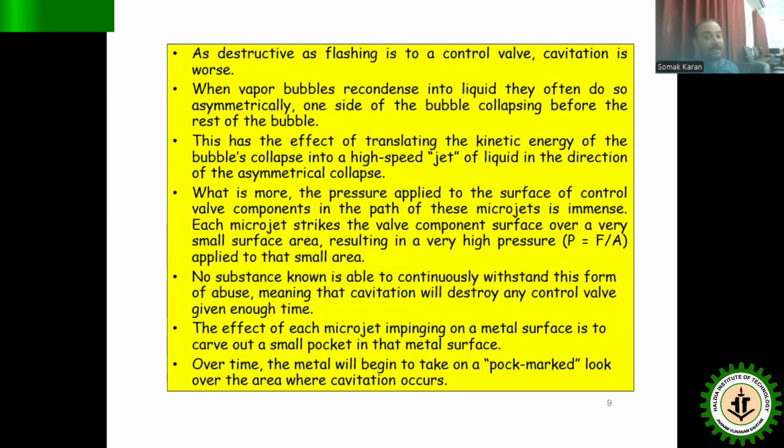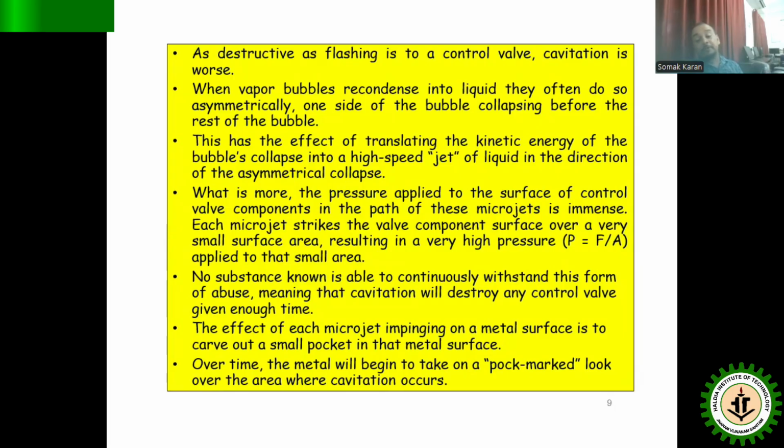This has the effect of translating the kinetic energy of the bubble collapse into a high speed jet which attacks, or hits, the control valve's body. That can be the plug, that can be the trim, which hampers the entire system.